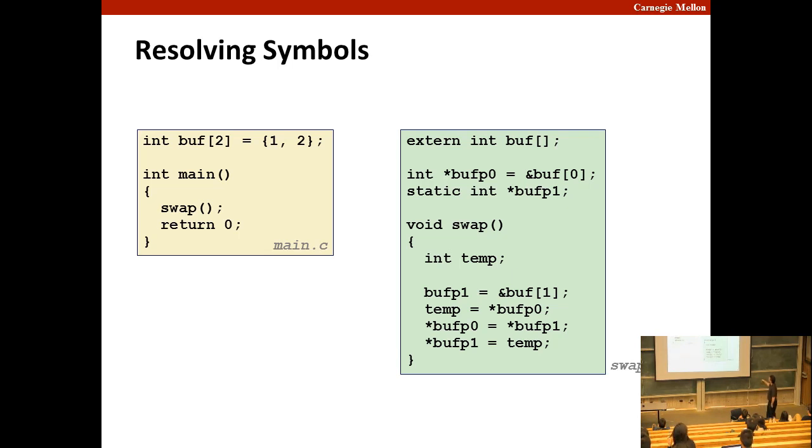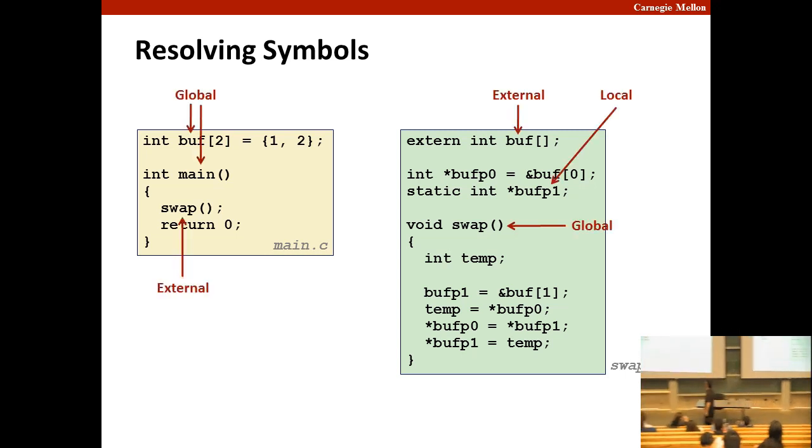Buff P0, global. Buff P1, local. Notice it's static. Swap, global. Temp, the linker doesn't see it. It is a local variable in the sense that we've traditionally talked about it, meaning it's allocated and freed on the stack at runtime. What some people would call an automatic variable.